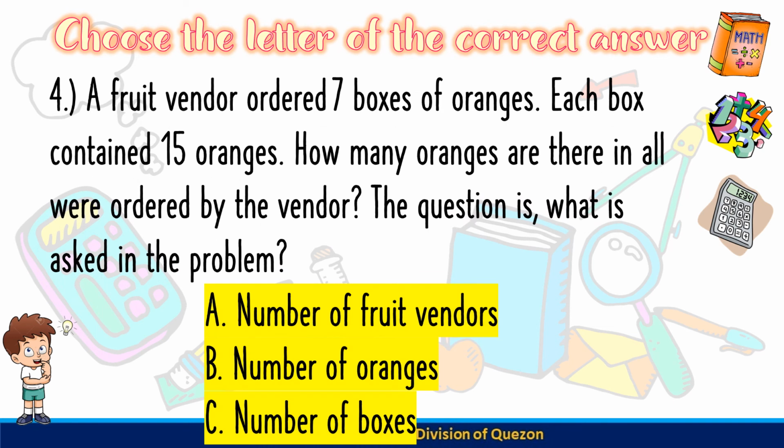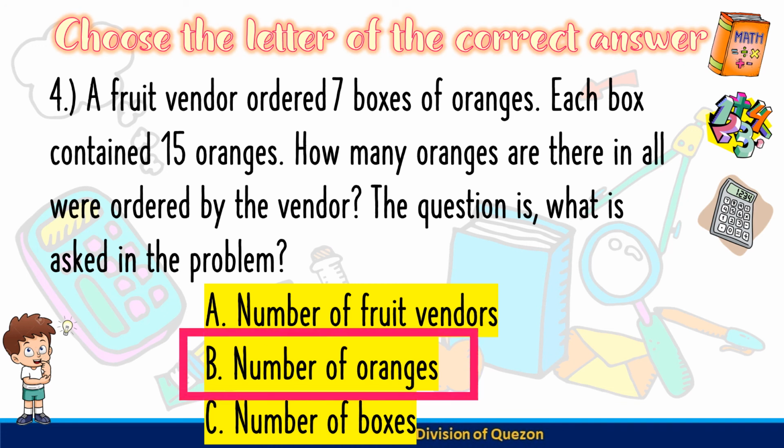A fruit vendor ordered 7 boxes of oranges. Each box contained 15 oranges. How many oranges in all were ordered by the vendor? The question is, what is asked in the problem? Letter A, number of fruit vendors. B, number of oranges. C, number of boxes. The answer is letter B, the number of oranges.